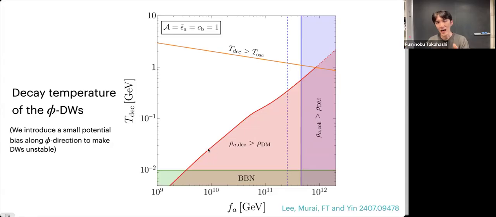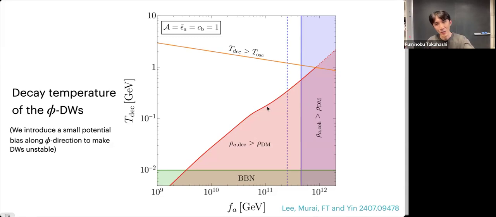But because we have now the extra contribution from the induced domain walls, okay, the heavy axion has the domain walls, and it induces the QCD axion domain walls. And when the heavy axion domain wall decay, the induced domain walls also disappear, producing QCD axion.